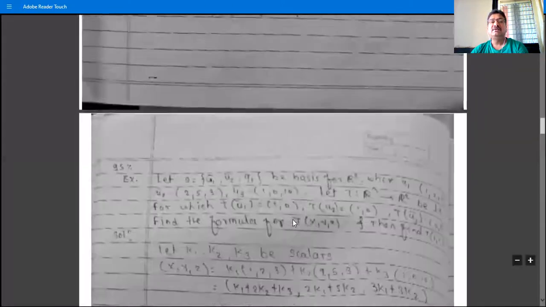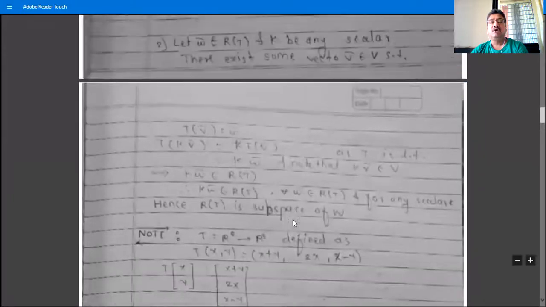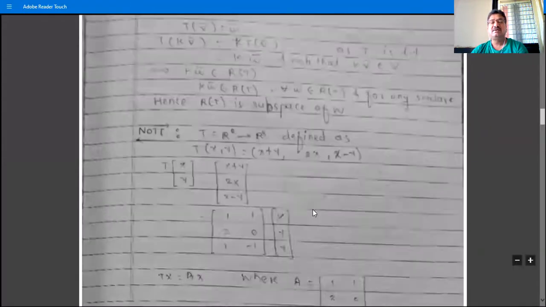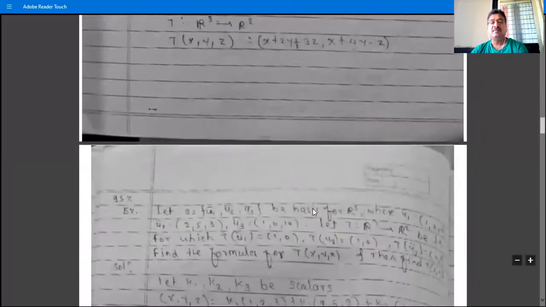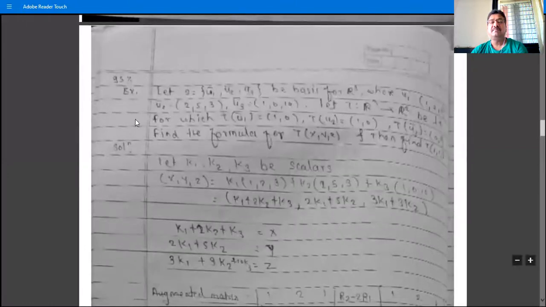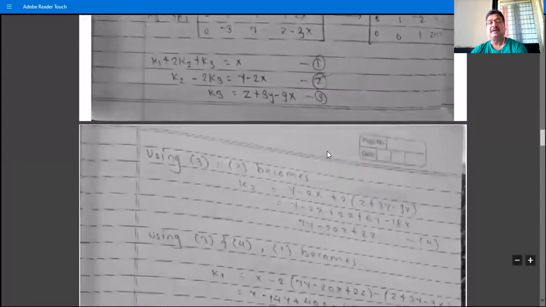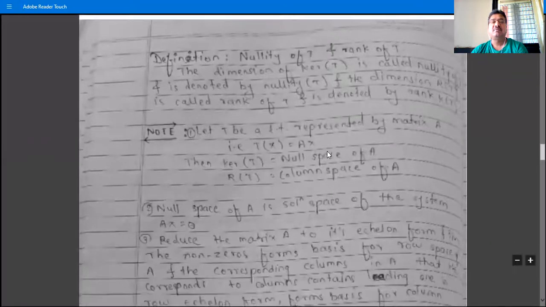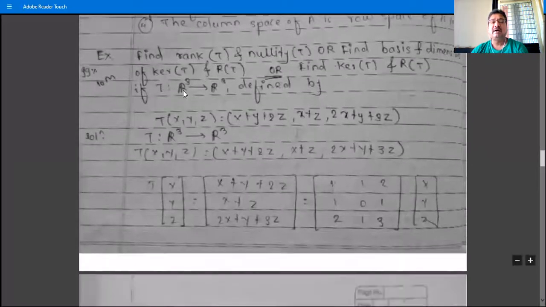So in some examples, the formula is not given. The images of the standard basis, or images of some basis, are given, and now we have to find the formula, and then we have to find the basis and dimension of the kernel of T and range of T. We know how to find this formula if we are given the images of some basis of the domain.